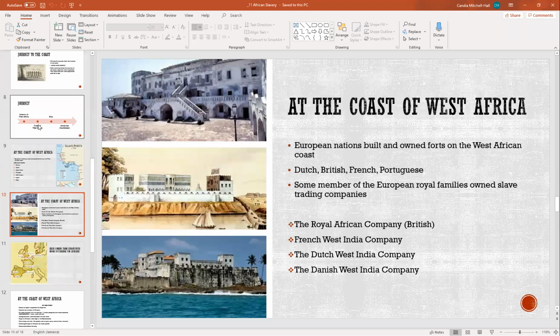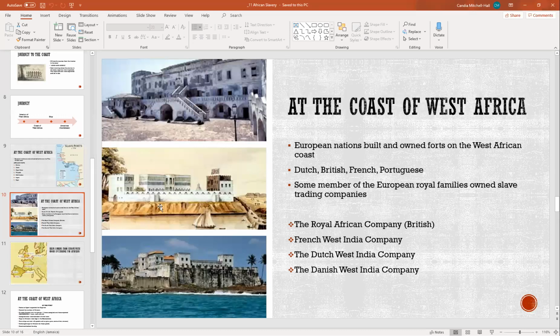So several different shipping companies are going to come to the forts, and they are going to purchase Africans at the fort and then carry them to the Americas. So the British company was called the Royal African Company, the French West India Company, the Dutch West India Company, and the Danish West India Company.